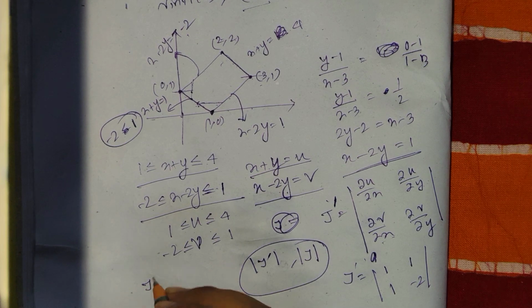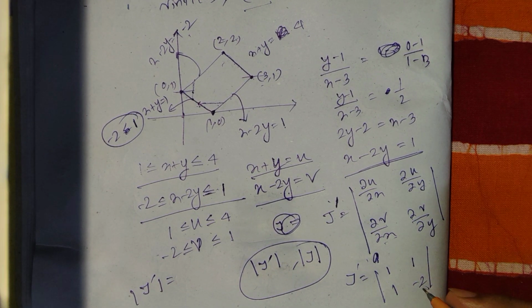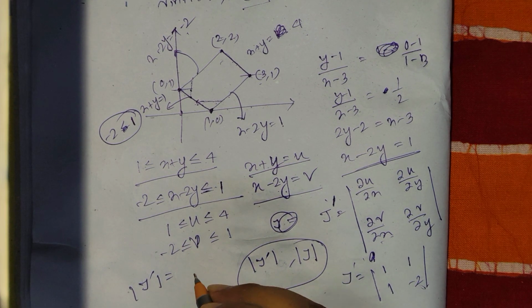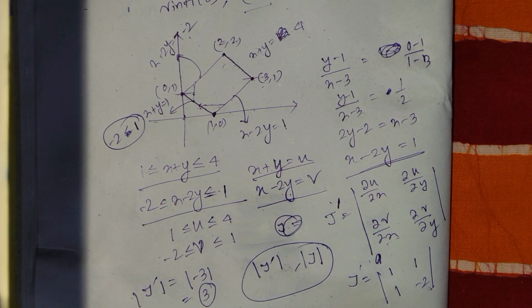Now you have to solve the mod. This is basically minus 2 into 1, which is minus 2, minus 1, which is minus 3. So this is minus 3 and the mod of J prime is 3.